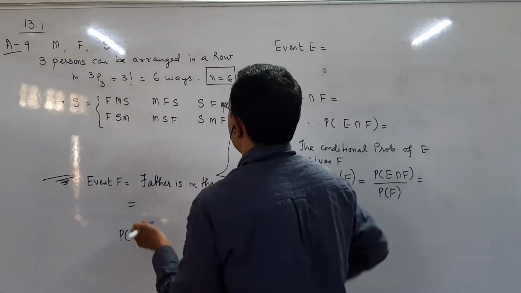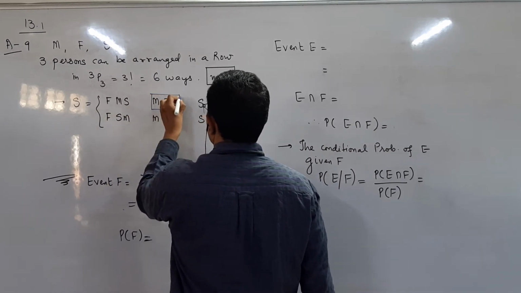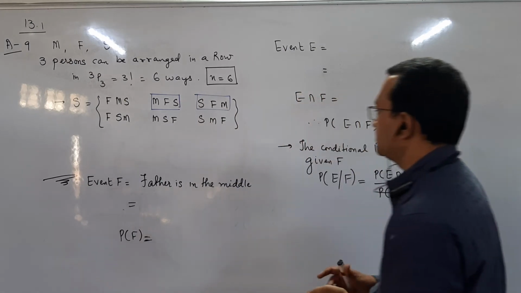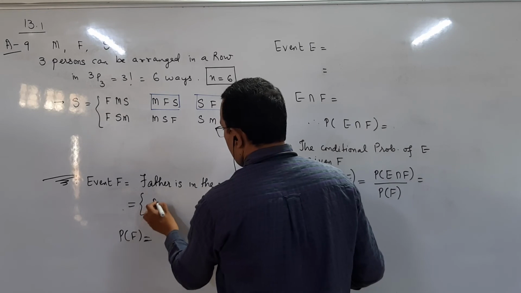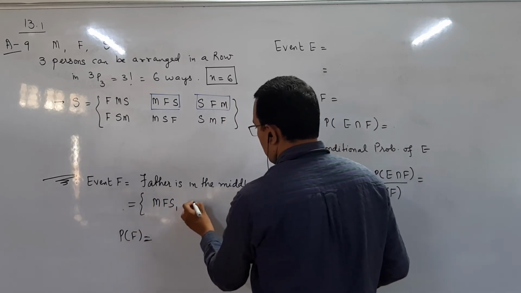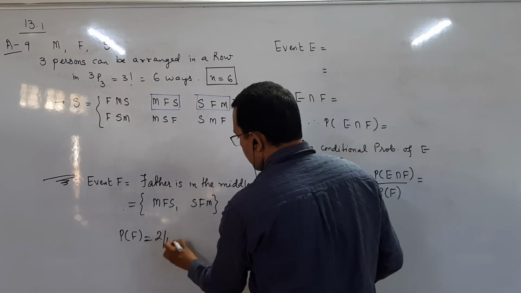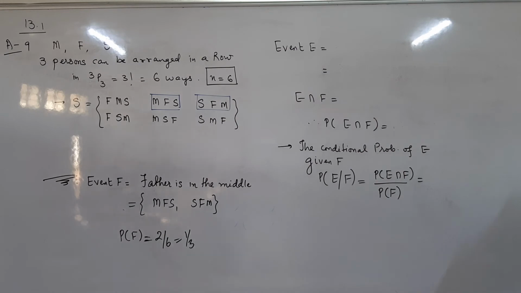Then this is the first, and this is the second. Check, father is in the middle. So the arrangements are M, F, S or S, F, M. So this probability is definitely 2 by 6. That is 1/3.